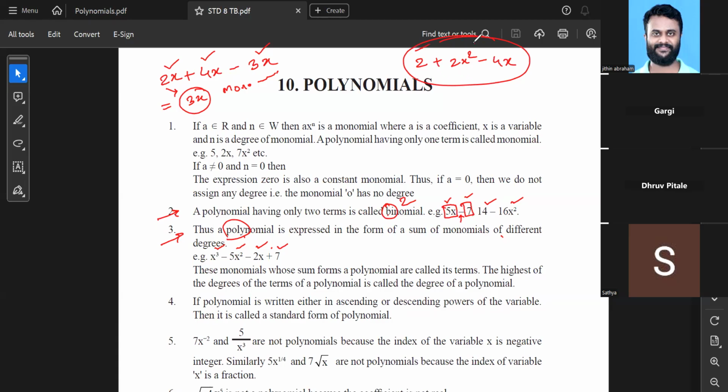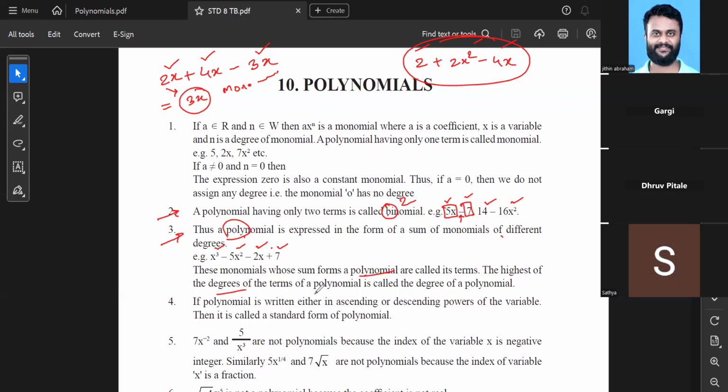Then also I have one, two, three monomials in front of me. Hence, I can definitely be sure that yes, this is a polynomial. So the different monomials you have should have different powers. Then only you can be sure that they cannot be reduced further. Okay. These monomials whose sum forms the final form is called a polynomial.